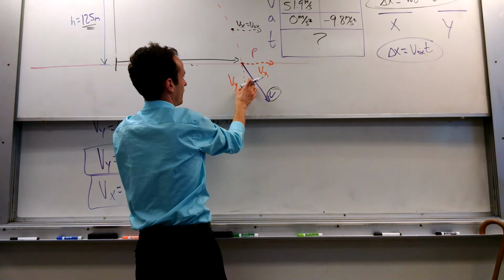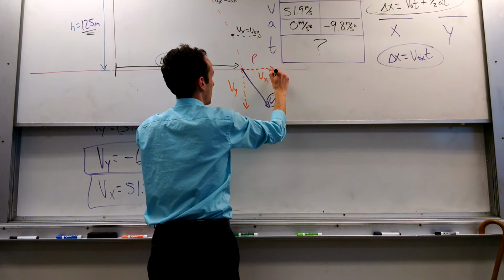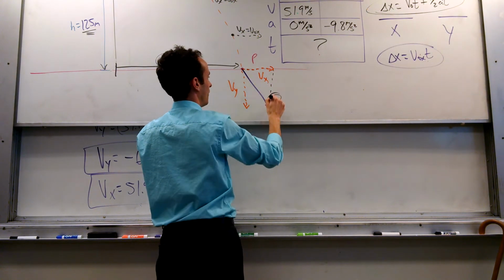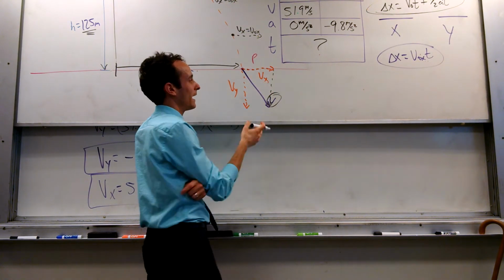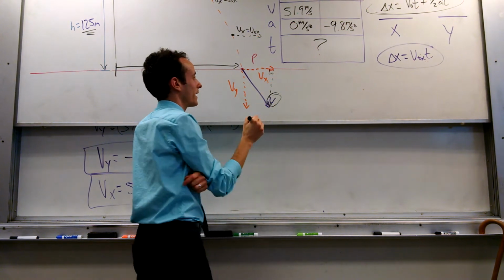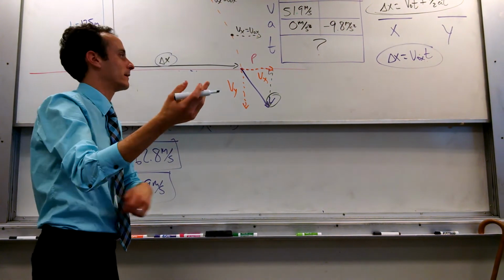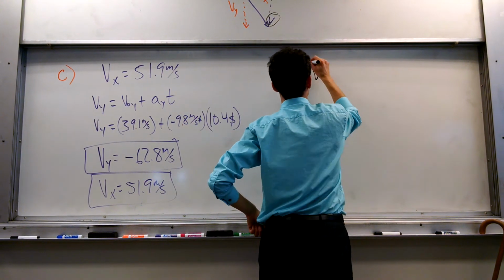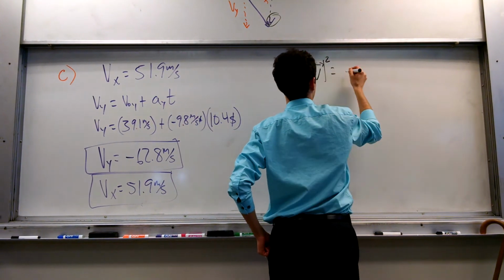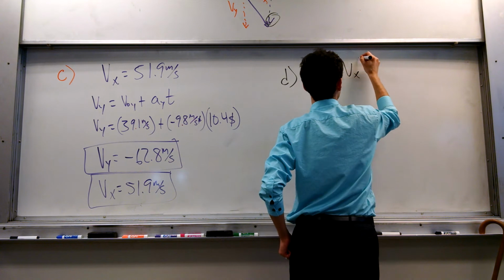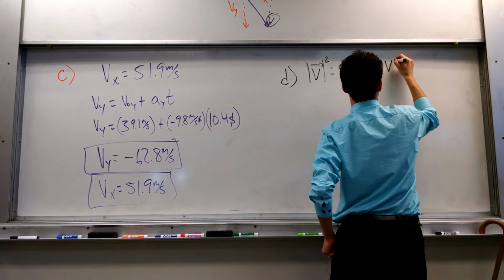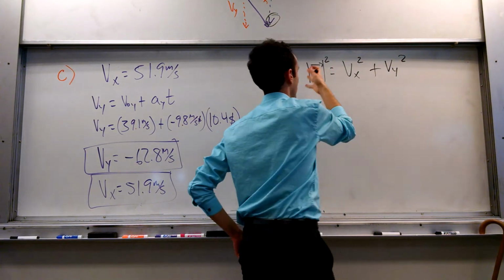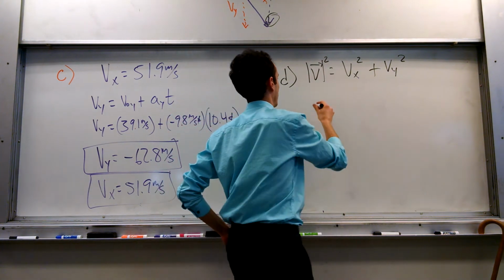If I took this vector and stuck it here, I would get that and that. I have this right triangle, and I can use the Pythagorean theorem to solve for it. It says that the magnitude of my final velocity squared is equal to the x component squared plus the y component squared.